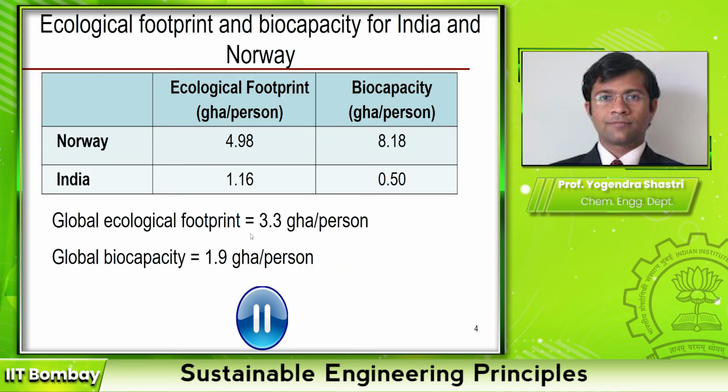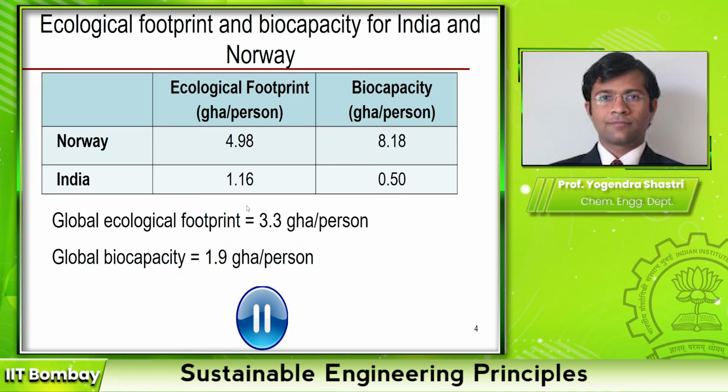Now here, if I compare the ecological footprint of an Indian citizen, we can make an argument that it is much lower than the average ecological footprint of a global citizen, which means that the Indian way of living is very sustainable. And if everybody lived like India, the impacts will go down.